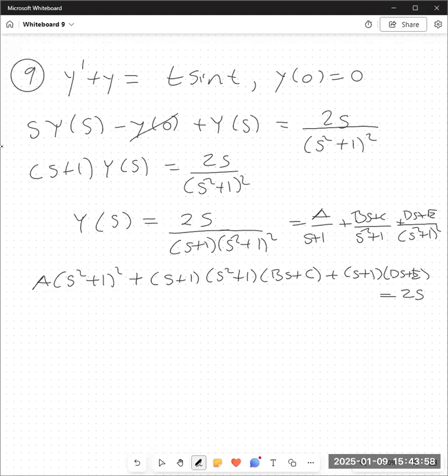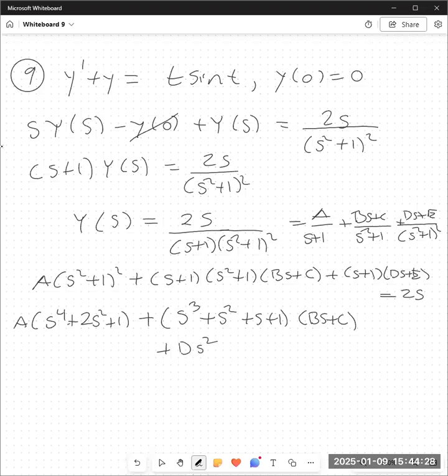So that is A times s to the 4th plus 2s squared plus 1, plus s cubed plus s squared plus s plus 1 times Bs plus C, plus Ds squared plus Ds plus Es plus E is equal to 2s.